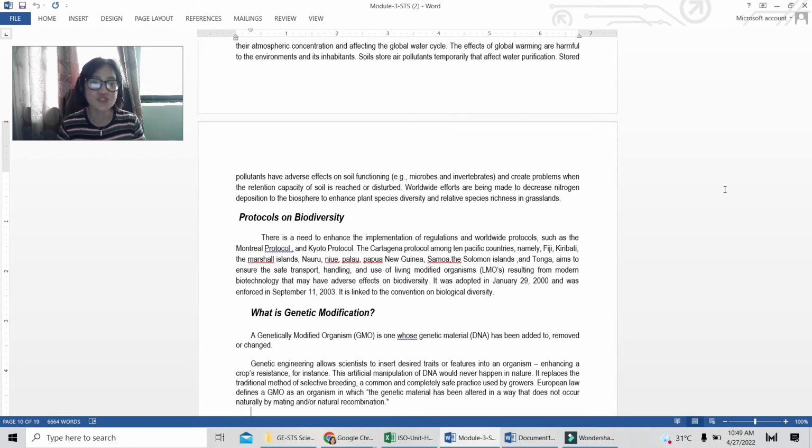So a genetically modified organism or GMO is one whose genetic material DNA has been added to, removed, or changed, meaning it's like a replacement for natural food. Let's say it can be a replacement for meat like chicken, beef, but made of other organisms. It can be algae, and if you are familiar with tofu, that is actually a replacement for meat, because you get the same nutrients, protein.